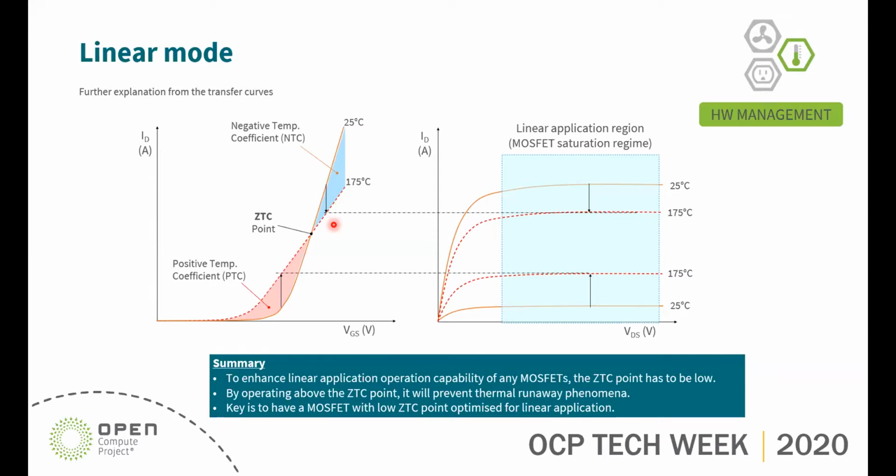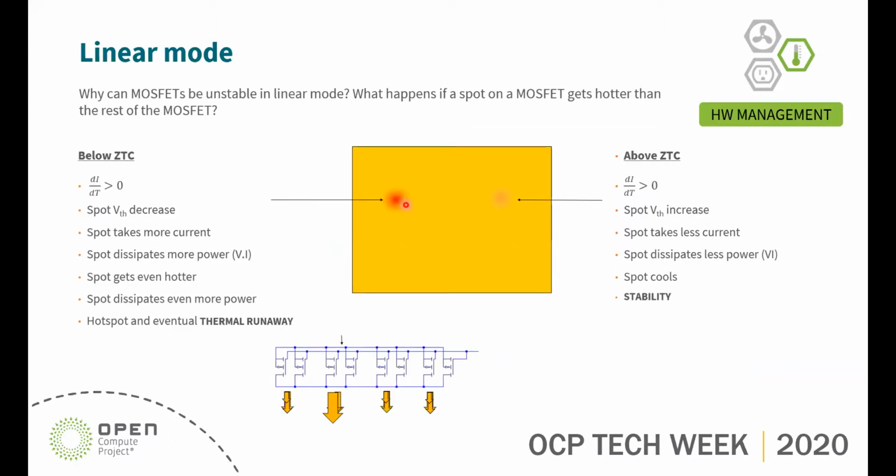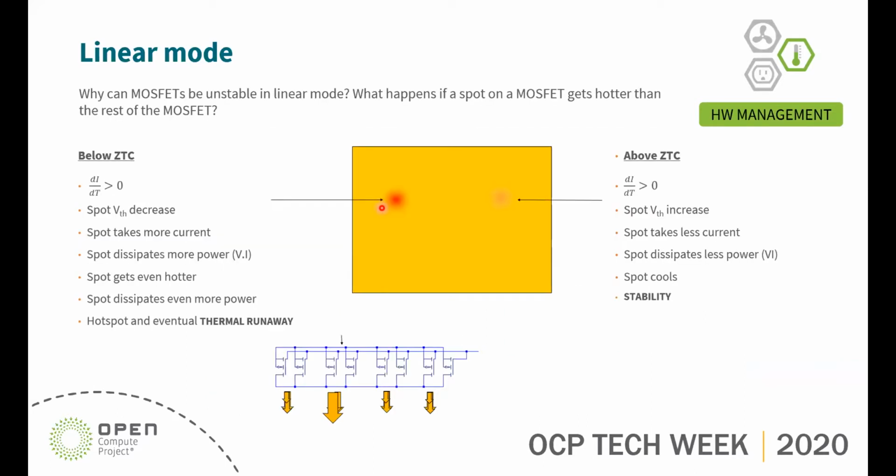So going back to the cross section, each of these cells is the equivalent of a MOSFET itself. They are in parallel, and if one cell does allow more current than another cell, it will heat up more, and this will be shown in the next slide.